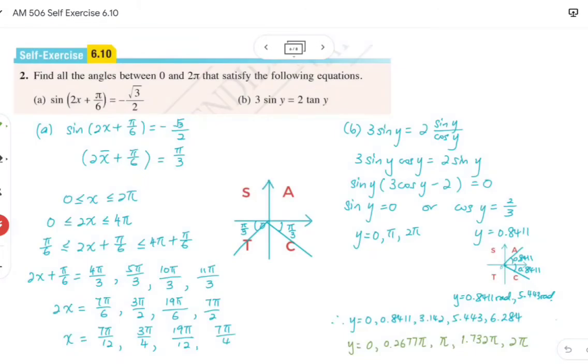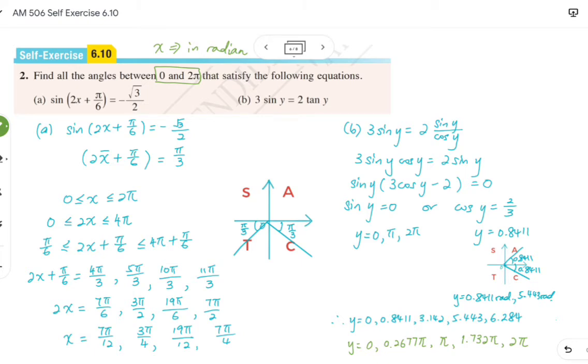Question number 2. Find all the angles between 0 and 2 pi that satisfy the following equations. From 0 to 2 pi means that our x angle should be in radian, in the unit of radian. Alright?